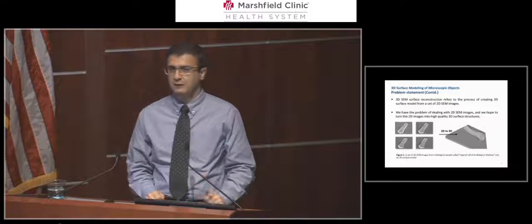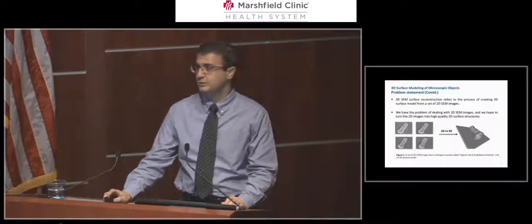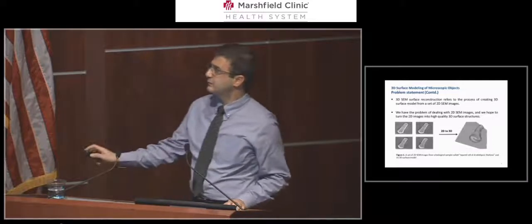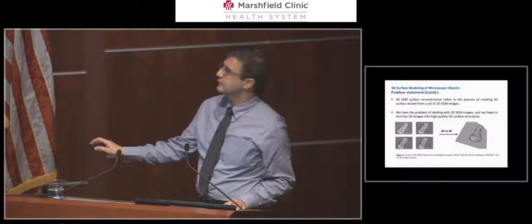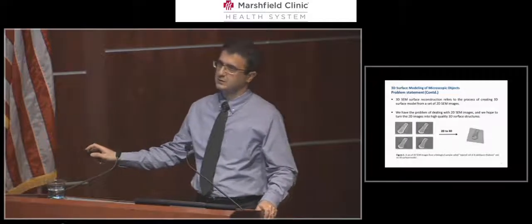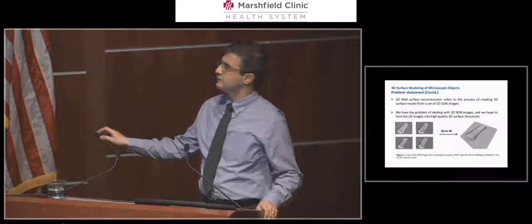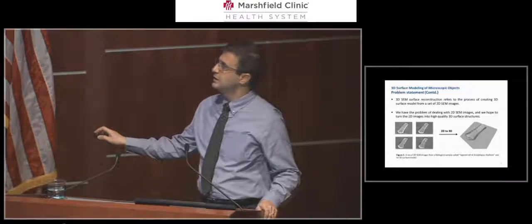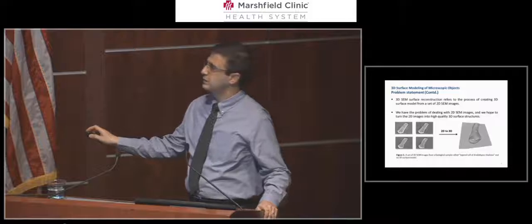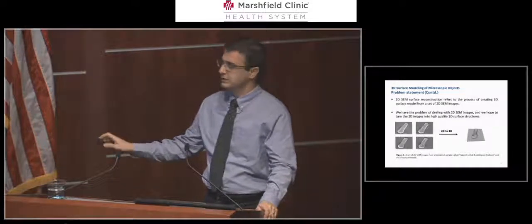For better clarifying the purpose of 3D SEM surface reconstruction, we put an example here. At the left side, you can see a set of two-dimensional images from a biological sample called typical cell. On the right side, you can see the 3D surface reconstructed model using our proposed method. So the problem here is going from 2D to 3D.